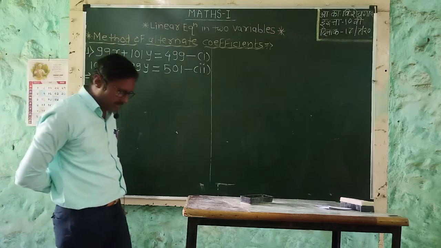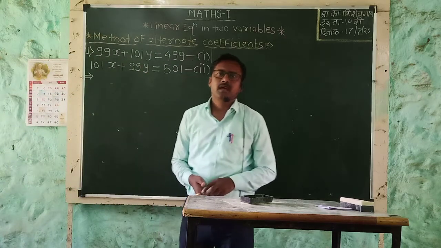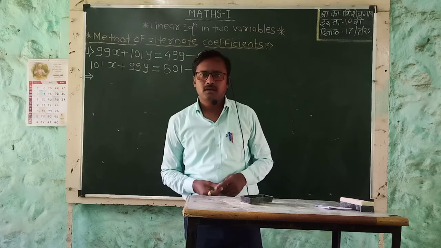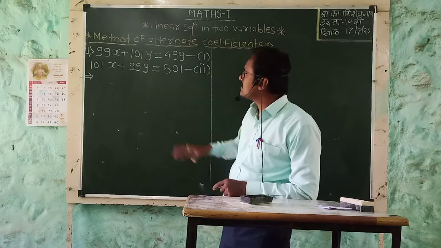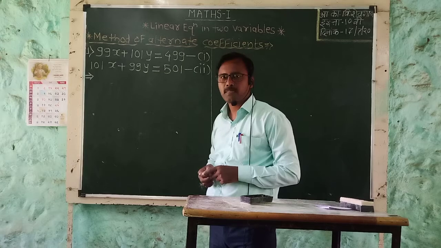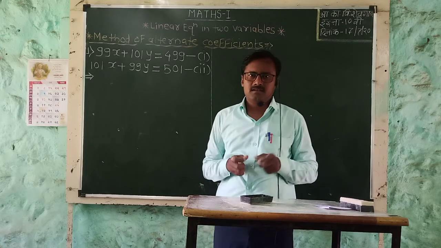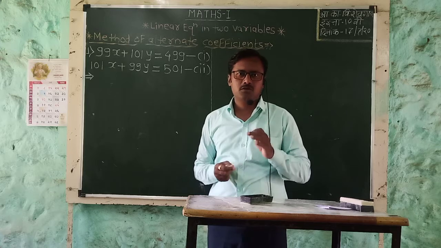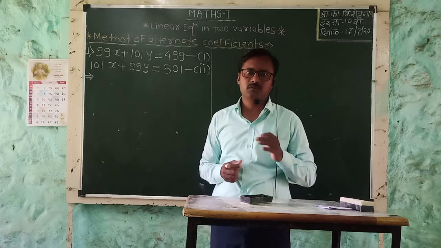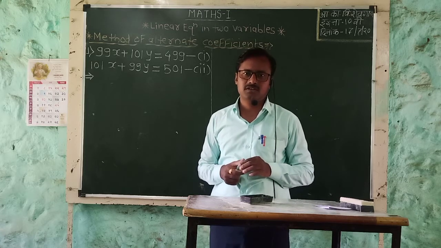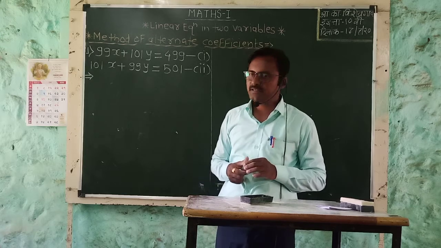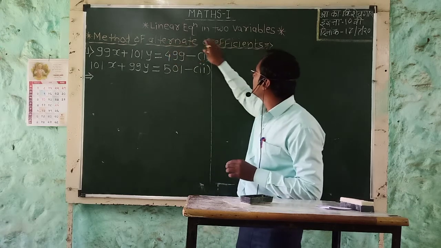So when you have to find the solution of such equations, the method states that once you have to add the equations and once you have to subtract the equations. That method is alternate coefficients.